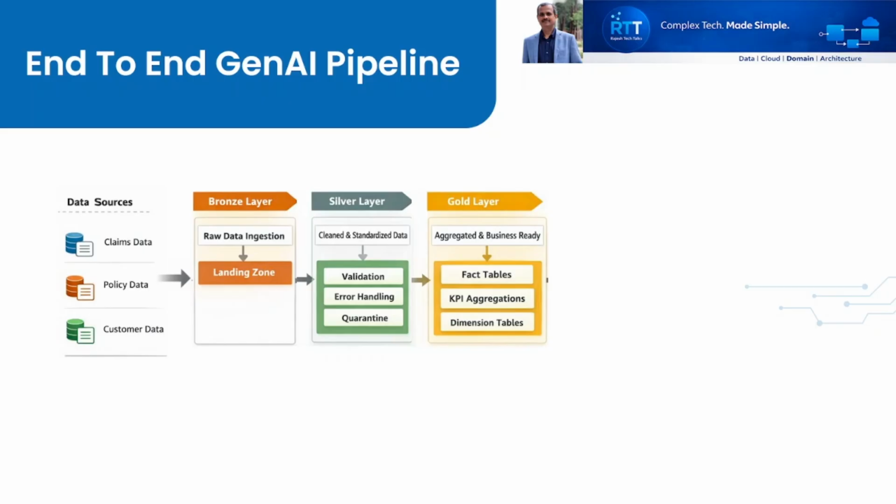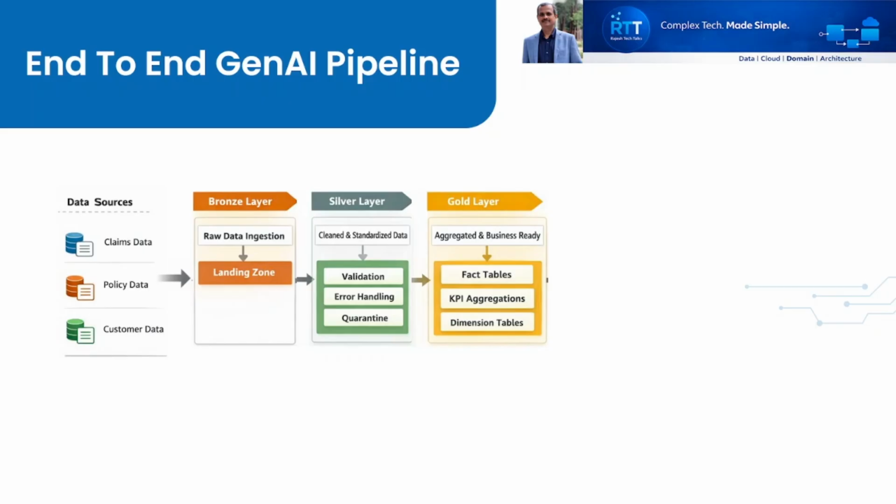So here we create different types of tables like fact tables and dimension tables. These belong to data modeling, how we want to model our data in the gold layer. And it depends on how the downstream systems are going to use and consume this data from the gold layer. We also build the KPI aggregations here.